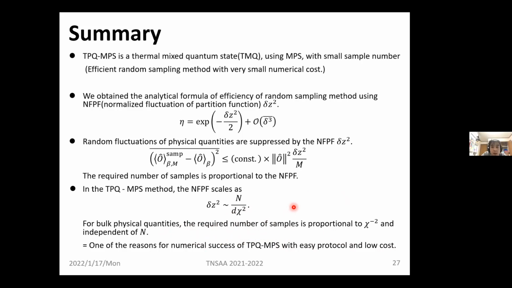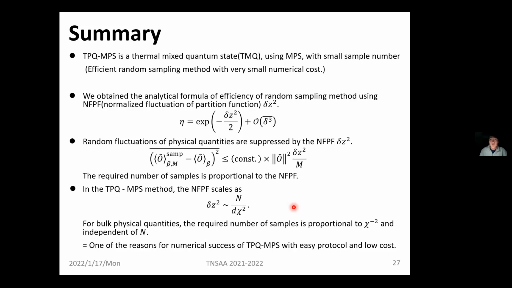Okay. Can I confirm my understanding? If we have the usual TPQ state, in that case, it is enough to use the one TPQ state to obtain the good result for the local quantity.